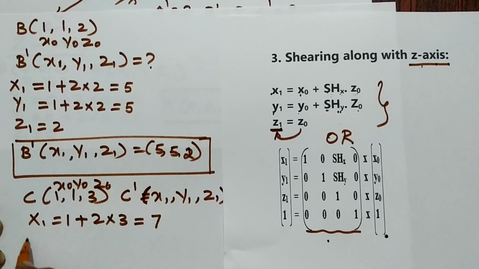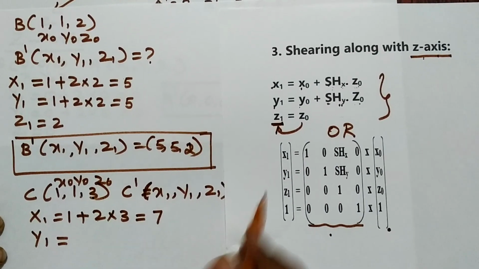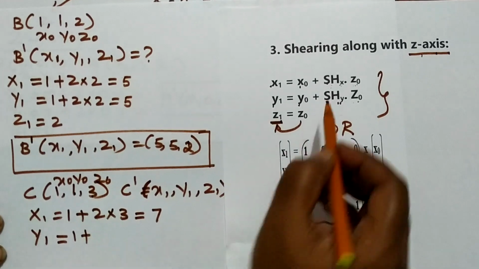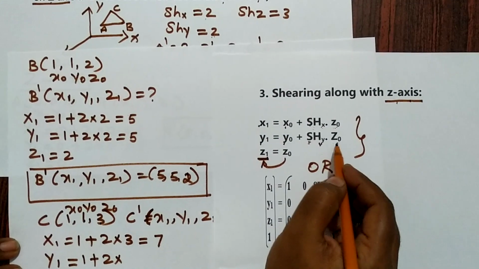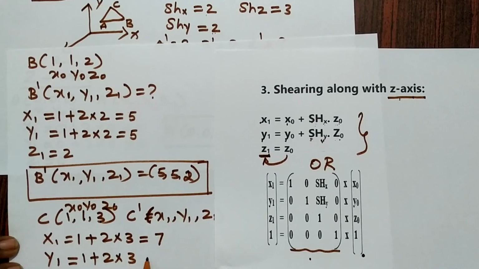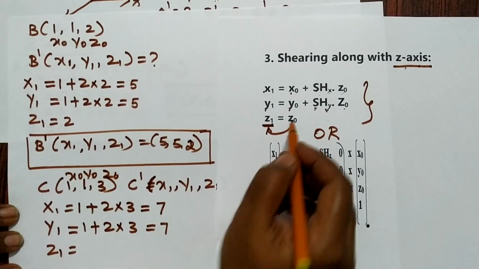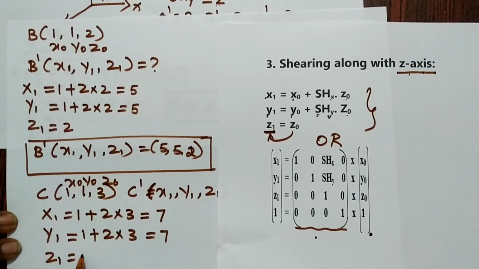x1 will become 7. Next, y1. y1 will be y naught. What is our y naught? 1. 1 plus shy. Our shy will be 2. 2 into z naught. Z naught will be 3. Again this will become 7. And next z1 will be z naught. Our z naught will be 3.